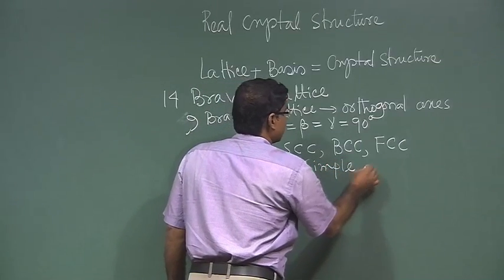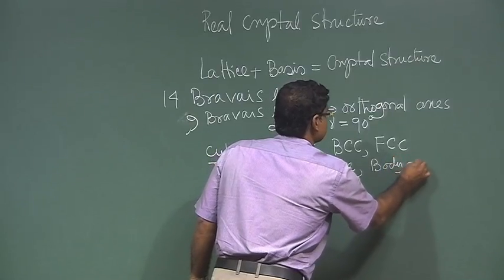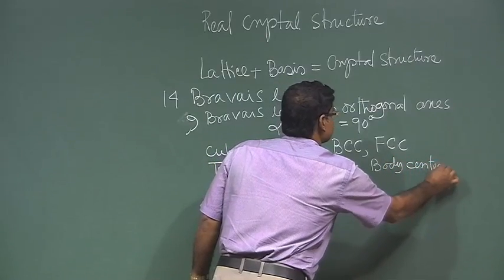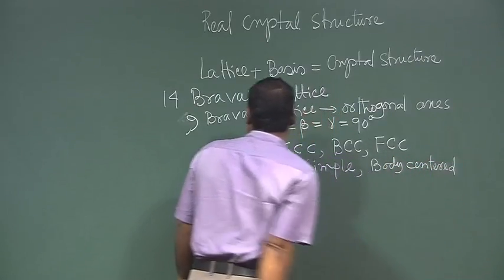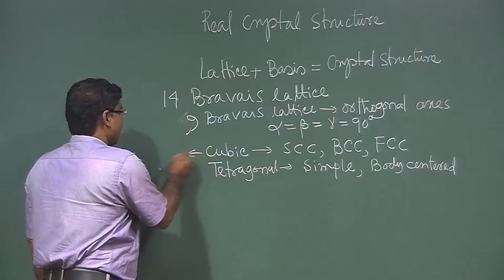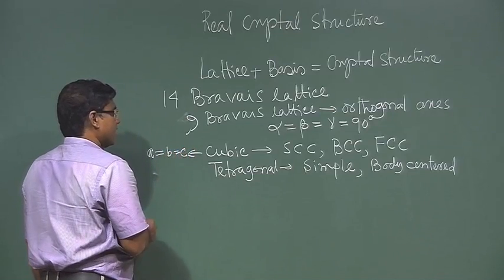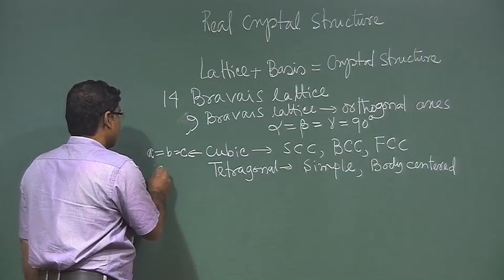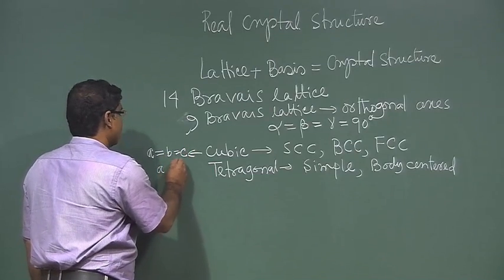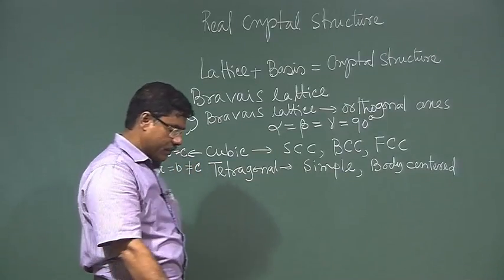So, simple and body centered. Right. So, for cubic, A equal to B equal to C, and for tetragonal, A equal to B is not equal to C, right.